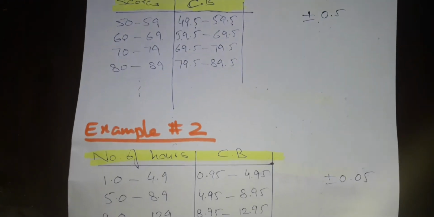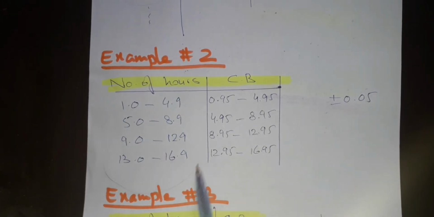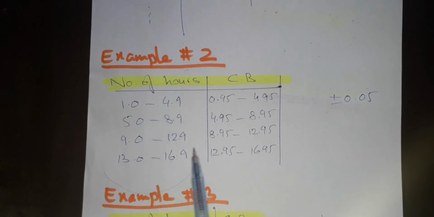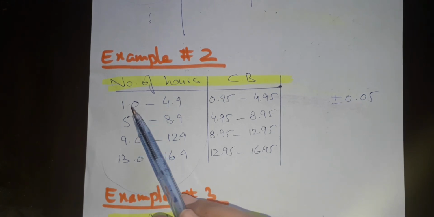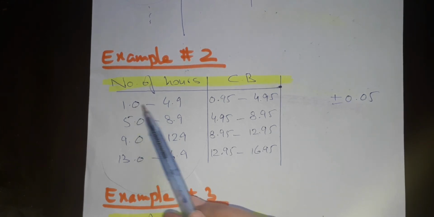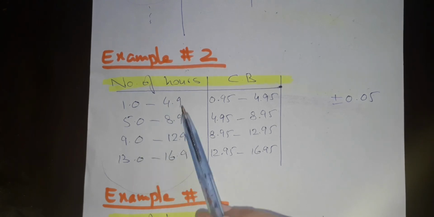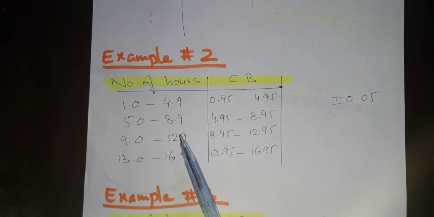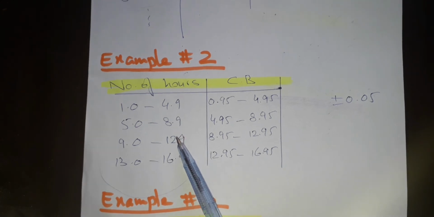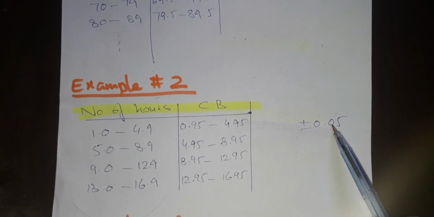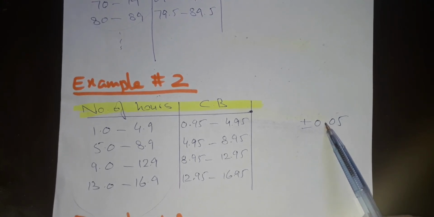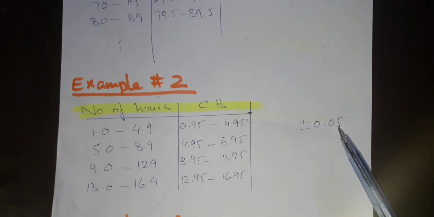Now, example number 2. Look, this is the column of classes. In which form is the data? Point form. And how many digits after the point? After the point, there is one digit, in the whole data only one digit. So we have to put a 1 zero after the point.